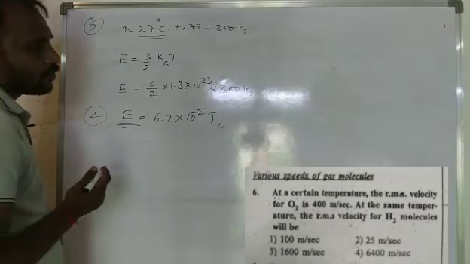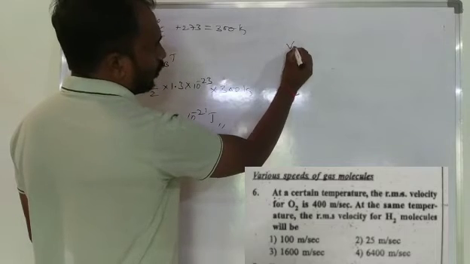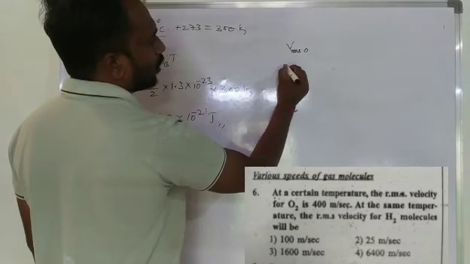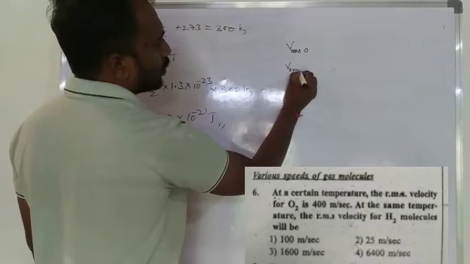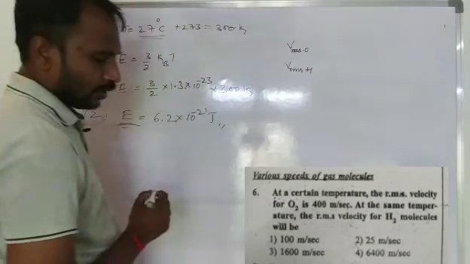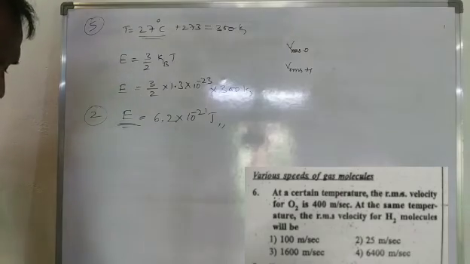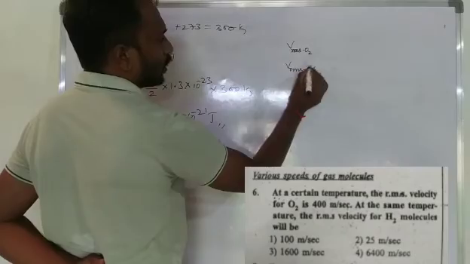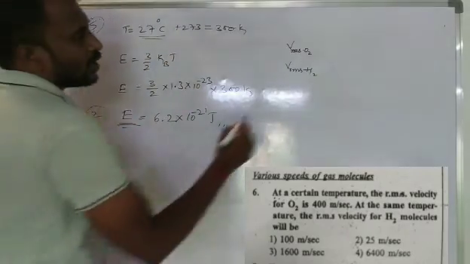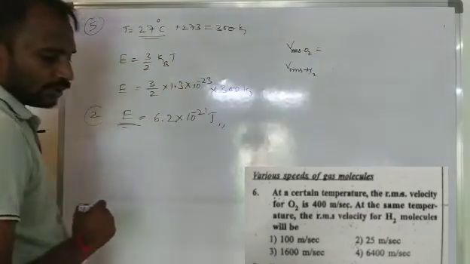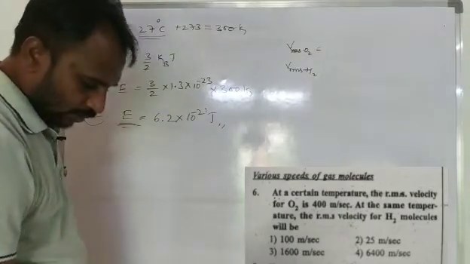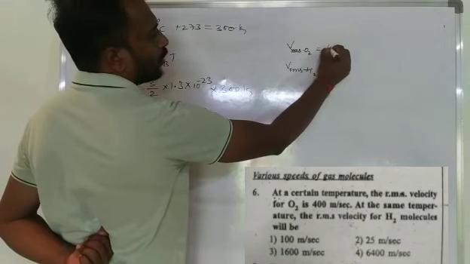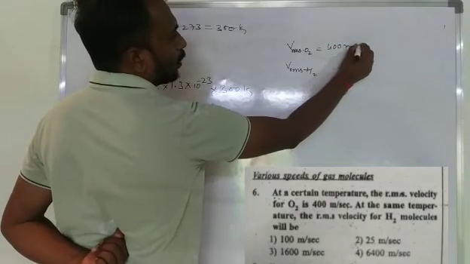So the RMS velocity for oxygen and RMS velocity for hydrogen. In that problem we have O2 and H2. The RMS velocity for O2 is given as 400 meter per second.